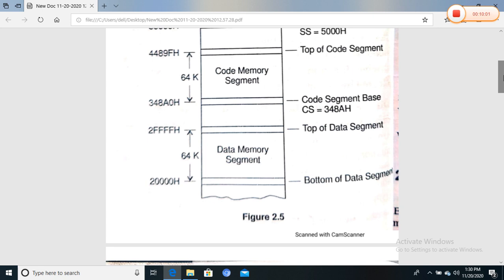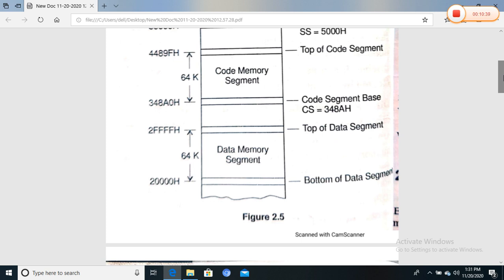The segment register for the code segment memory is the CS register, which holds a 16-bit address, 348AH. The address associated with any instruction or any type of data is called the effective address or displacement.